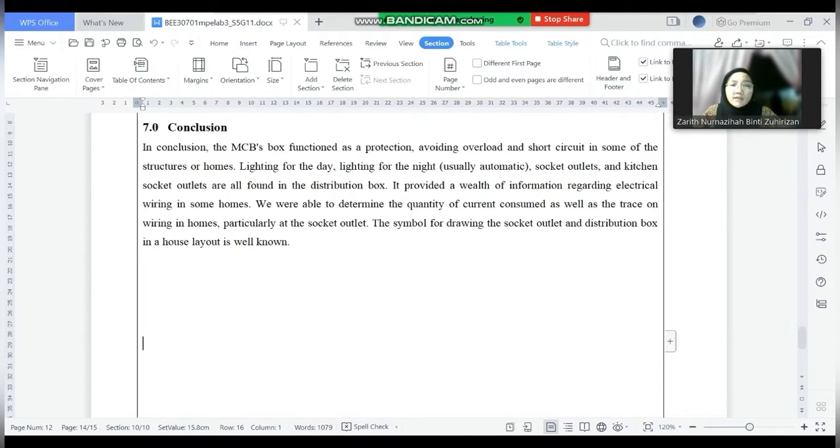It provided a wealth of information regarding electrical wiring in some homes. We were able to determine the quantity of current consumed as well as trace the wiring in homes, particularly at the socket outlet. The symbols for drawing the socket outlet and distribution box in a house layout are well known.